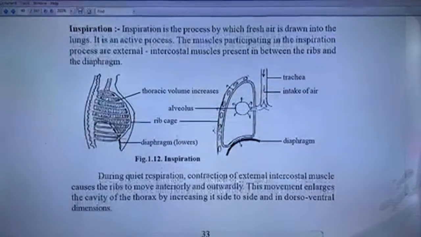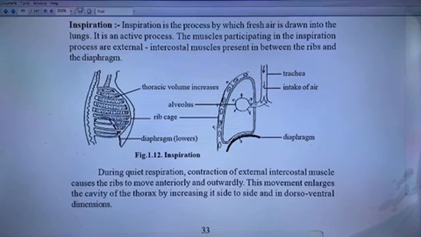Inspiration. Inspiration is the process by which fresh air is drawn into the lungs. It is an active process. The muscles participating in the inspiration process are the external intercostal muscles present in between the ribs and the diaphragm.